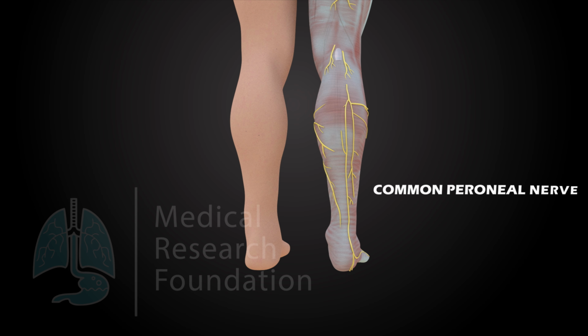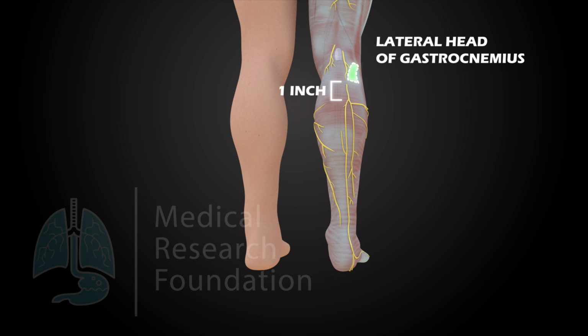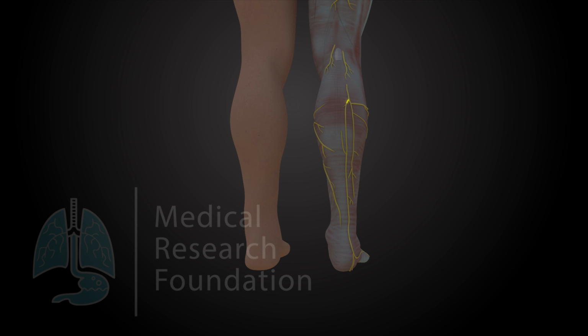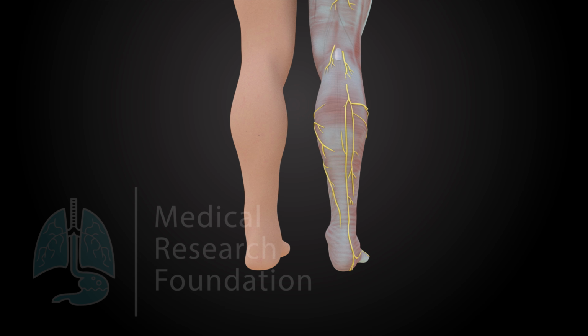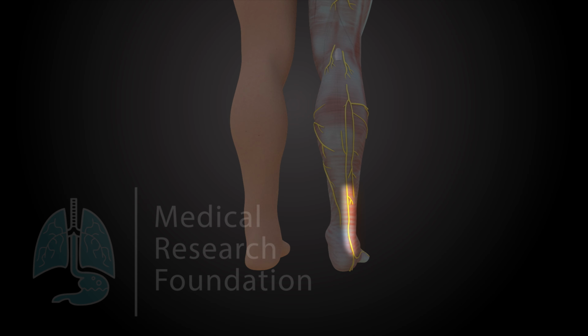It is a branch of the common peroneal nerve, 1 inch below the lateral head of Gastrocnemius, and descends to join the sural nerve about 2 inches above the heel. It supplies the skin of the posterolateral part of the lateral area of calf.